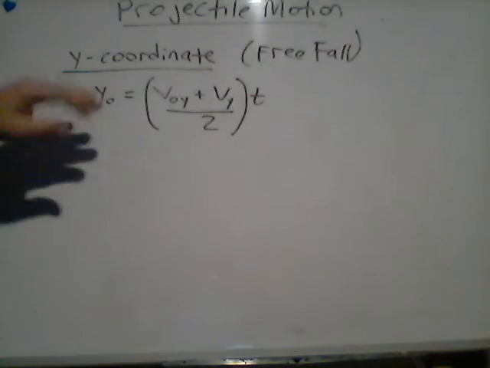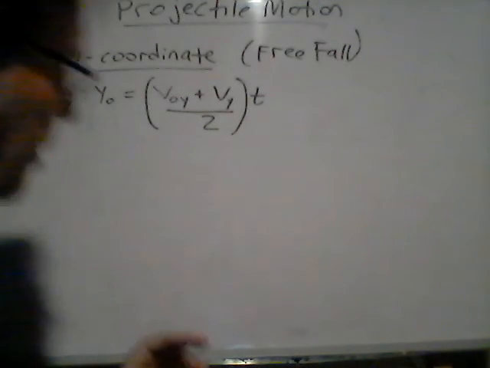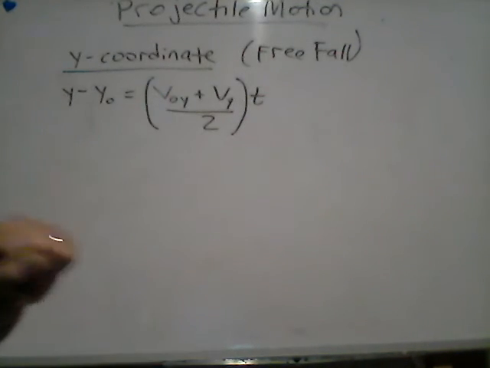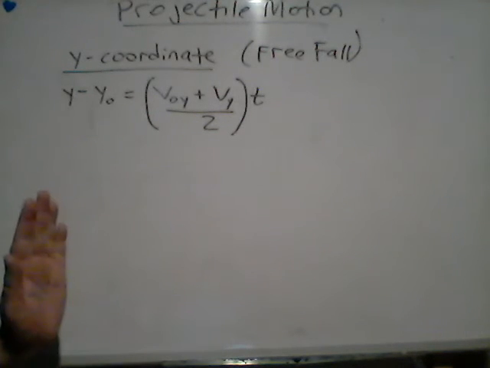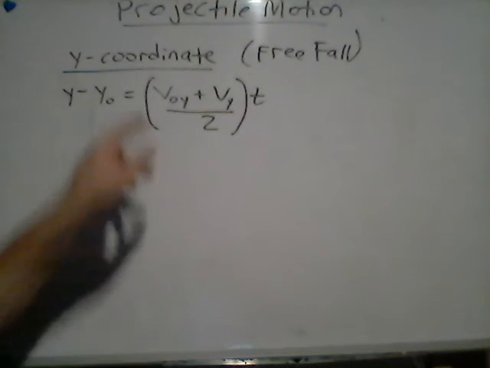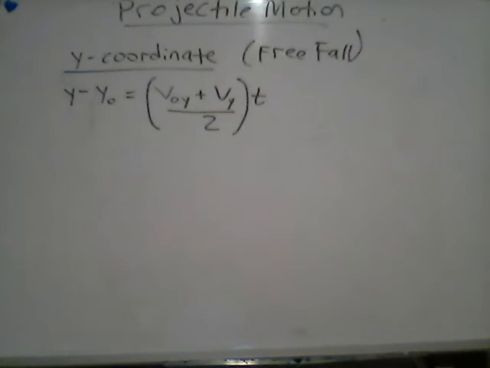So this was y minus y naught equals v bar t. But let's be specific about this. These are velocities in the y direction. We have to specify which direction, what coordinate, because there are going to be velocities in the y direction and the x direction. So these are y component velocities. That's one of our kinematic equations for constant acceleration.